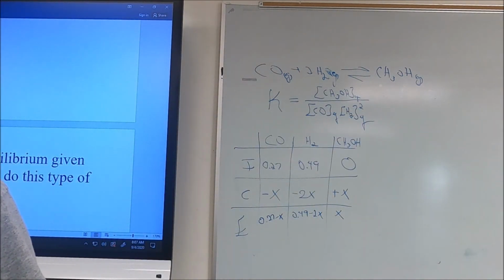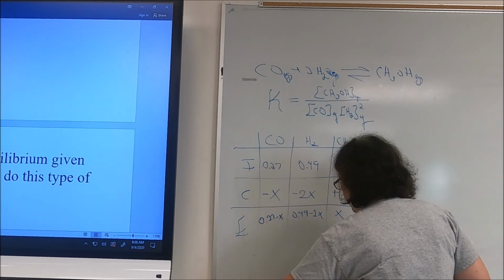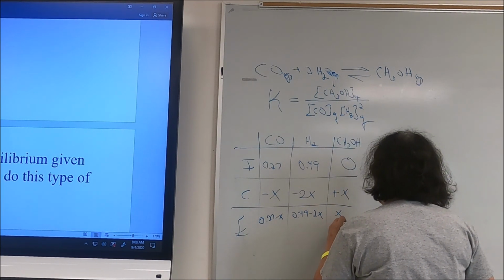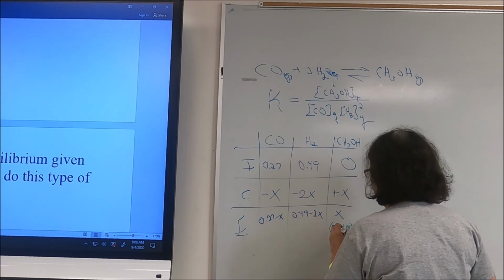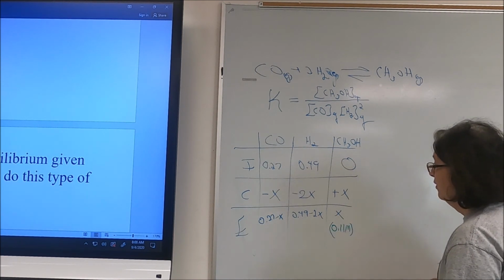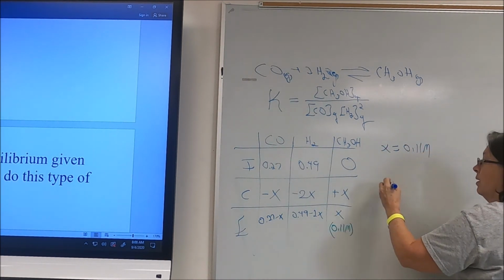Now, the other piece of information we're told is that at equilibrium, the concentration of CH3OH, the methanol, is 0.11 molar. So we know that this is 0.11 molar. So that gave me x. So x is 0.11 molar.